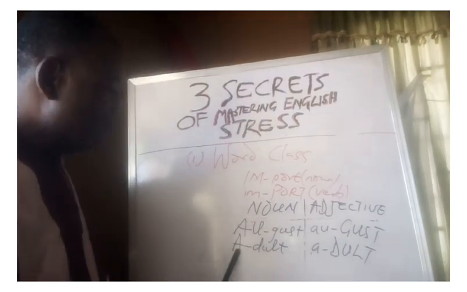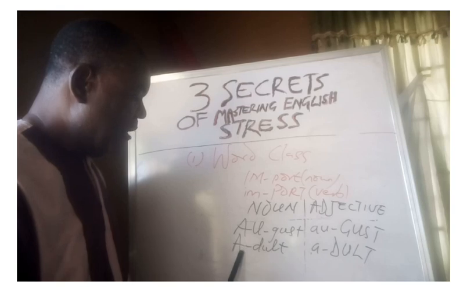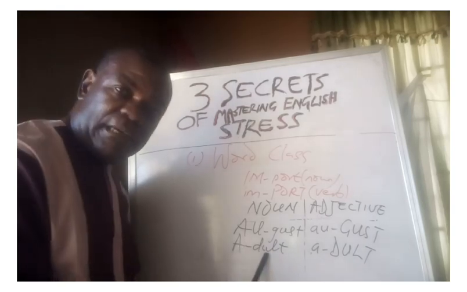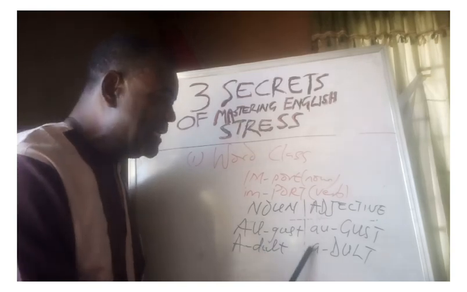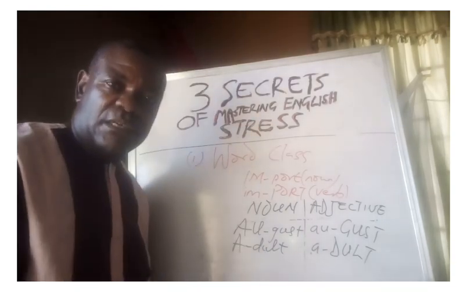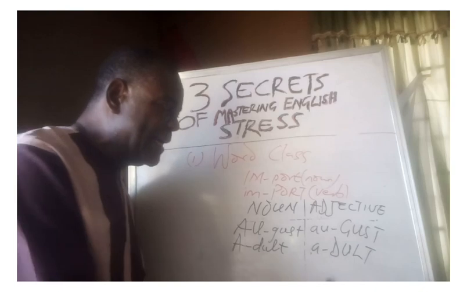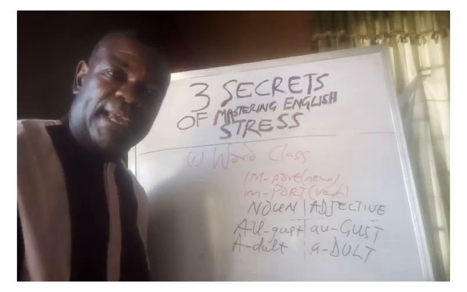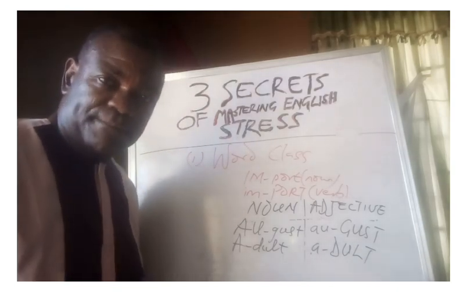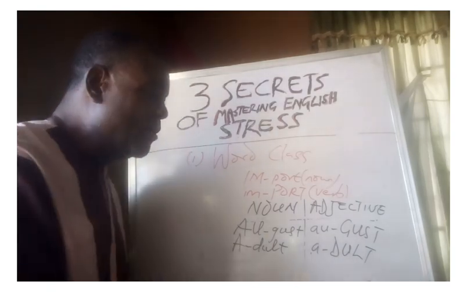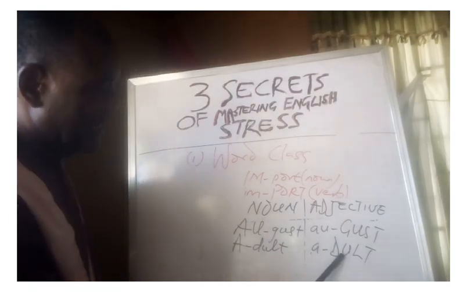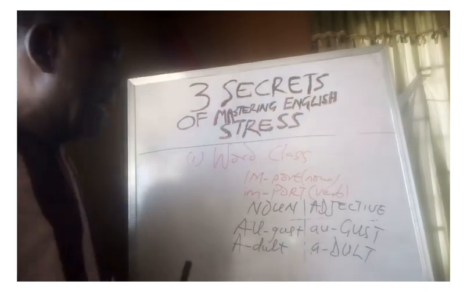Now, the same thing with adult. We say someone is an adult, or an adult male human being is called a man. But an adult female human being is called a woman. Now, the same rule applies.